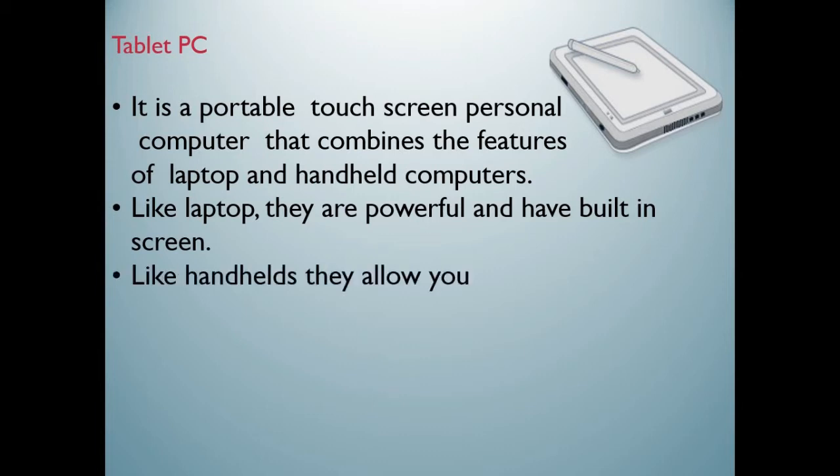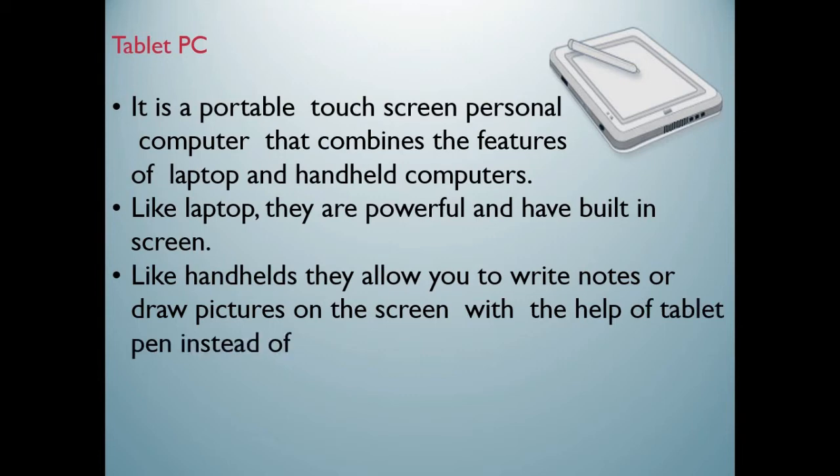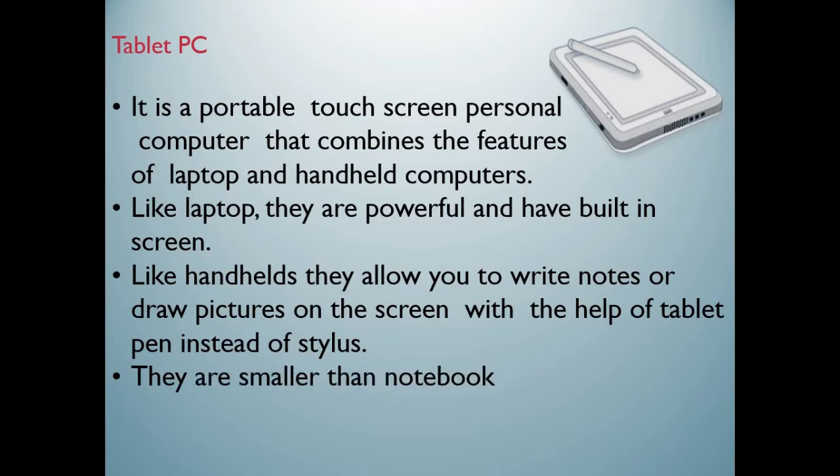Like handhelds, they allow you to write notes or draw pictures on the screen with the help of a tablet pen instead of a stylus. They are smaller than a notebook but larger than a smartphone. So based on size and storage capacity, computers are classified into desktop computers, laptop computers, handheld computers and tablet PC.